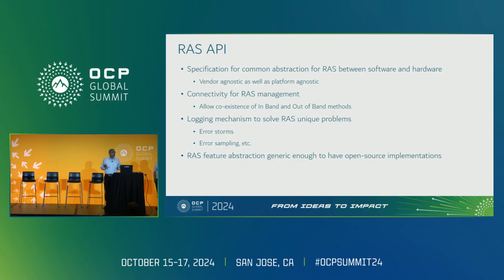Also with RAS, there's a logging capability you need, so it defines those logging mechanisms so that you can have error logging and any kind of warnings, and you can set up sampling policies. The idea is that by having all these APIs be standard, you can have open source implementations that people can leverage, which are generic across all the vendors. So those are the first three work streams I talked about. Let me hand it to Jeff to go over the remaining three.